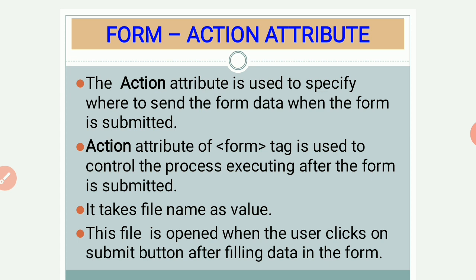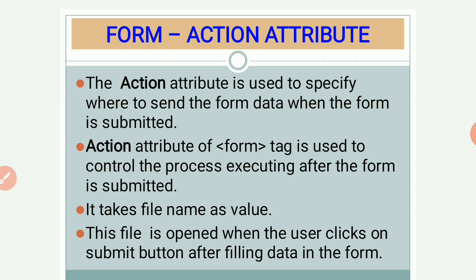Action attribute of the form tag is used to control the process executing after the form is submitted. That is, this attribute controls the process that is executed at the backside when we click on the form submit button.